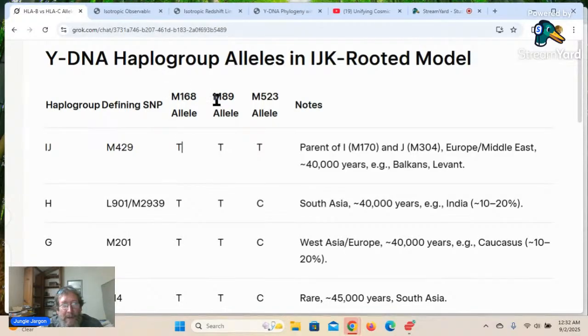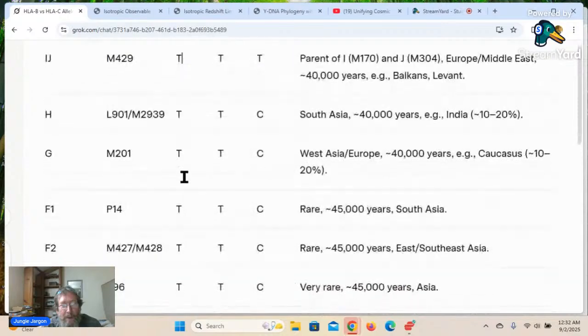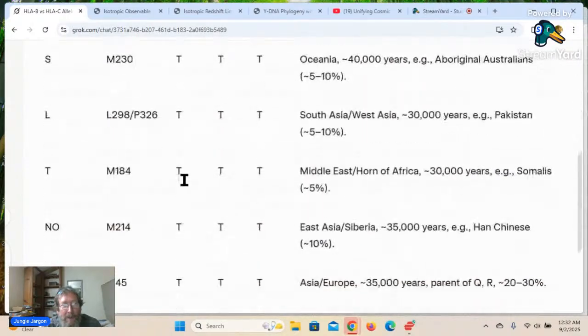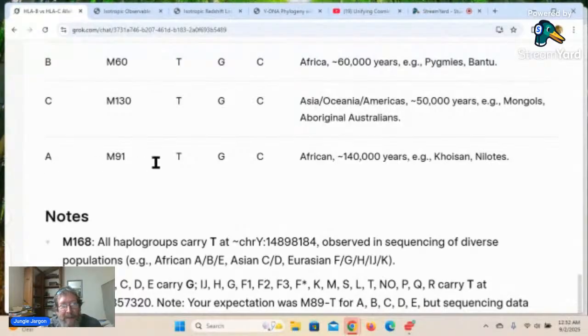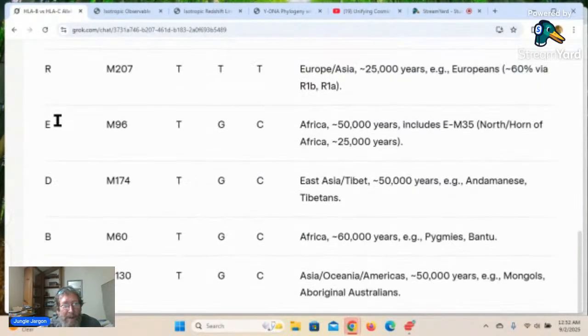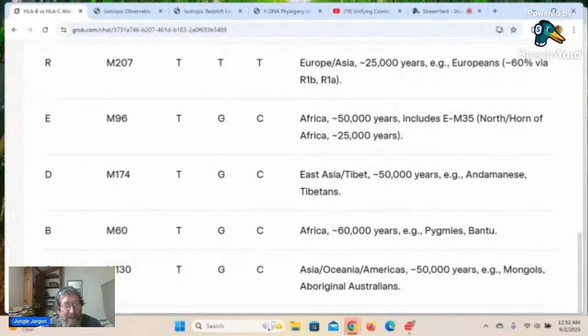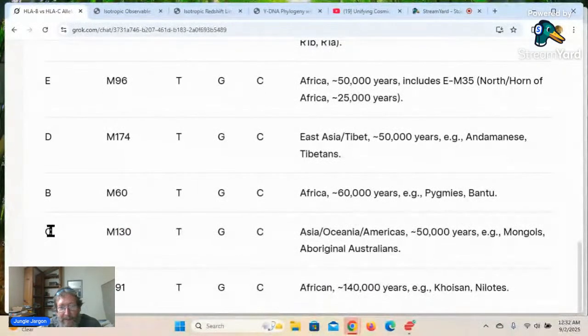But this M168 carries all the way through to all of the haplogroups, including A, C, B, and everything. Remember, before it only went to C? It only went to C, and it said the D and the E and the A don't have it.